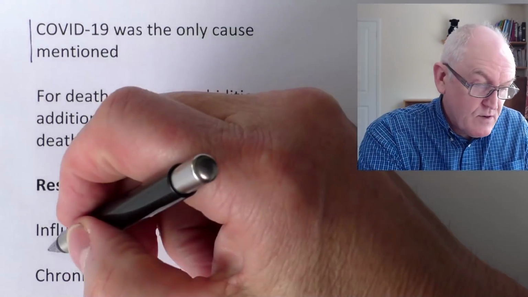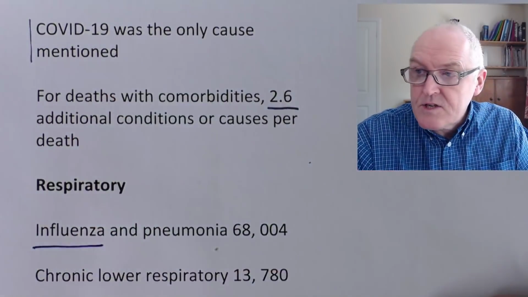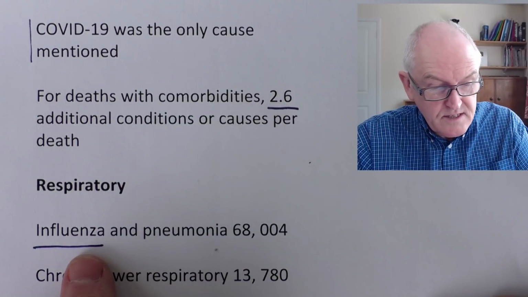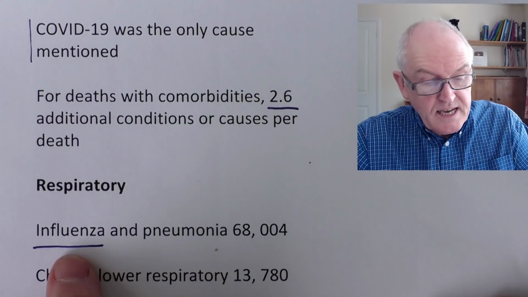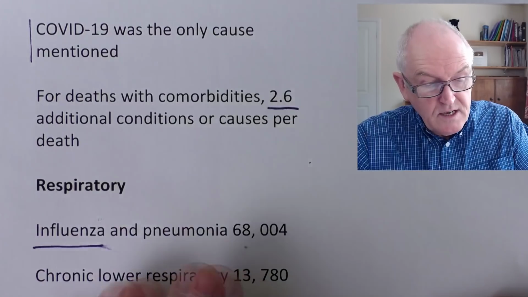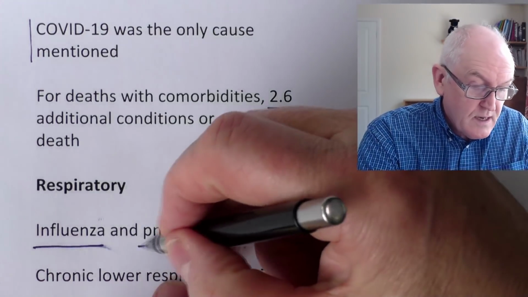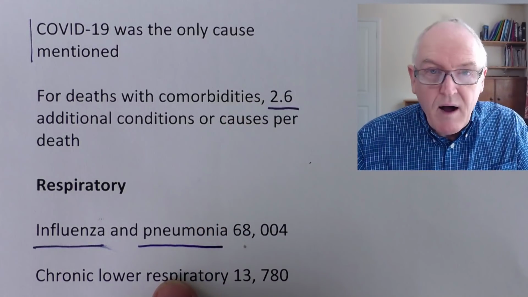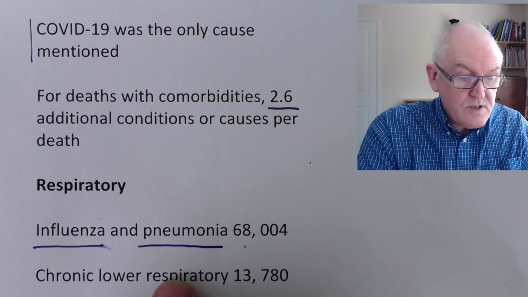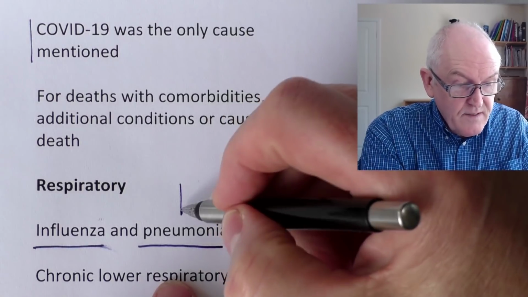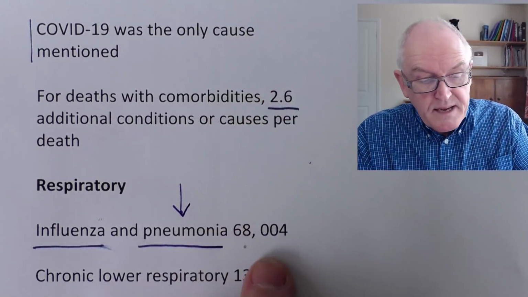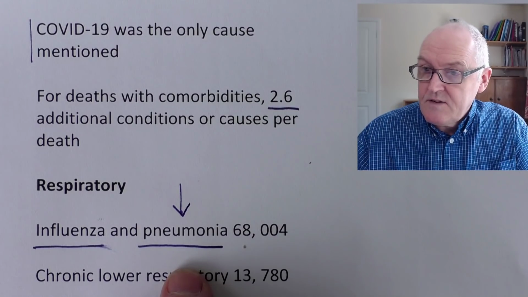Now, we are going to get influenza again this coming winter, and again that's going to cause deaths. But the way the statistics are gathered, influenza and pneumonia is clumped together. So influenza is independent of COVID-19, but the pneumonia can most certainly be caused by the COVID-19. So someone could get COVID-19 and that would cause the pneumonia, making pneumonia to be written on the death certificate.